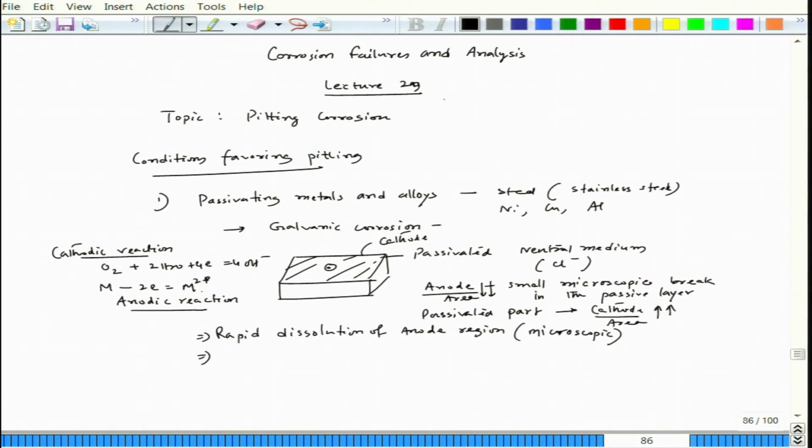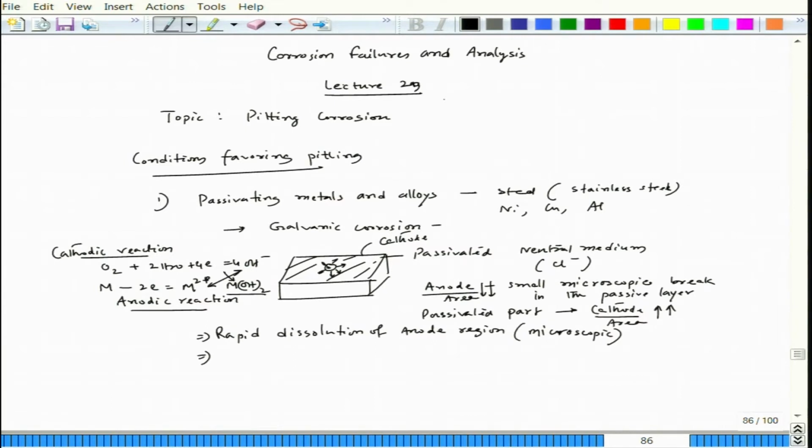Now, interestingly, that might lead to a kind of rust which is M(OH)2. This is the rust that can form due to the reaction between the cathodic reaction product and anodic reaction product. And because the surrounding area is passivated, that rust may not spread from the region of the anode.